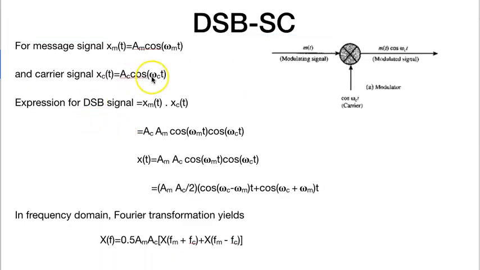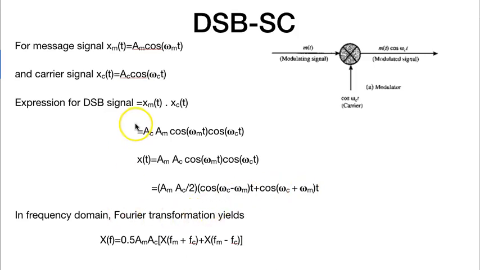To calculate a DSB-SC signal, moving further, we have calculated the DSB signal already, and now if you are calculating a DSB-SC signal, you can see it's AmAc by 2 cos(omega c minus omega m)t plus cos(omega c plus omega m)t, that is, it contains only the sidebands.